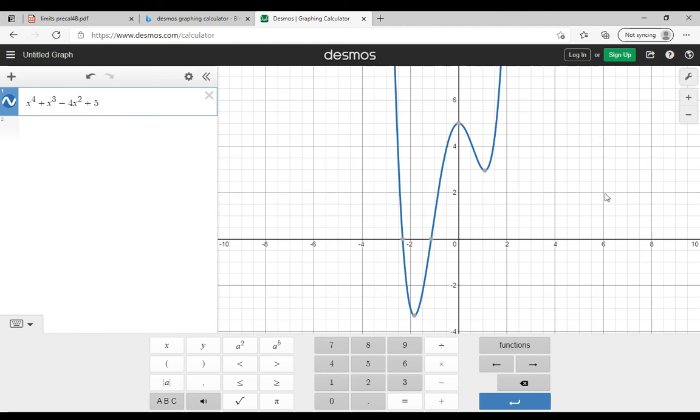All right, that's what your graph should look like. If you want to sketch this on your paper, you can do that, but you always have access to Desmos. You can type it in and look at it again.